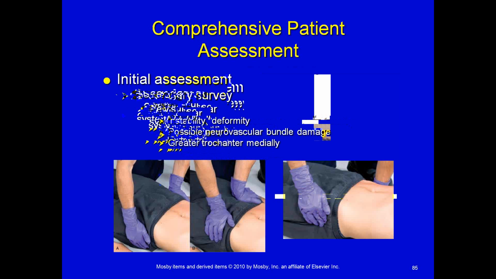Pelvis, we're going to check the pelvis for deformity. I'm certainly not a fan of that either. If you rock the pelvis, you certainly increase the risk of making the fracture worse. If you bind the pelvis, depending on what you're using, there's no 2 binding methods that are identical. Even if you're all using the same piece of equipment, binding that pelvis is accomplished differently by whoever does the binding.